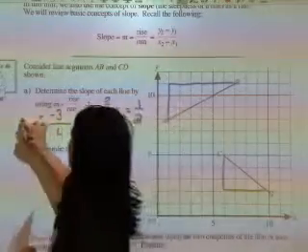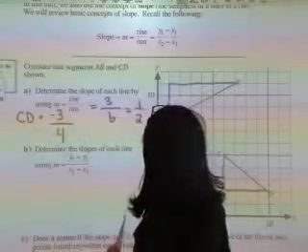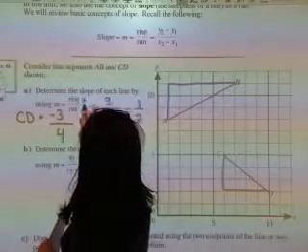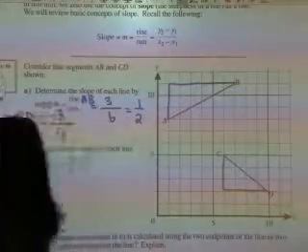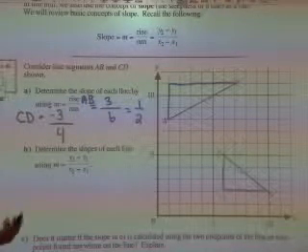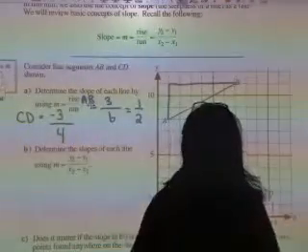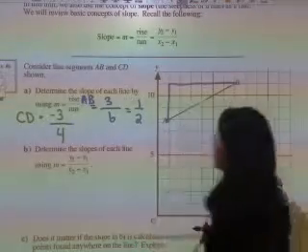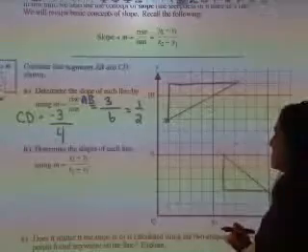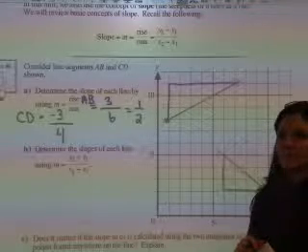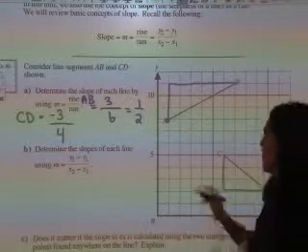So this was the slope CD, and the blue one was the slope AB. I was reading that wrong, because in part B, you're asked to calculate the slope using the formula. So if I did the slope of AB, I need y coordinates. So I need to figure out what are my coordinates for point A. 1 and 8.